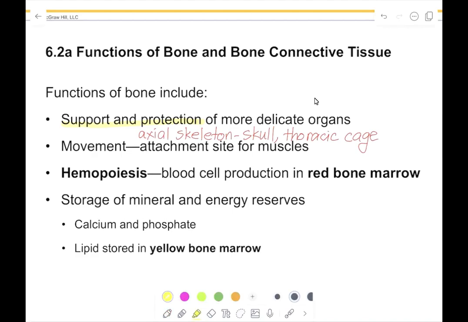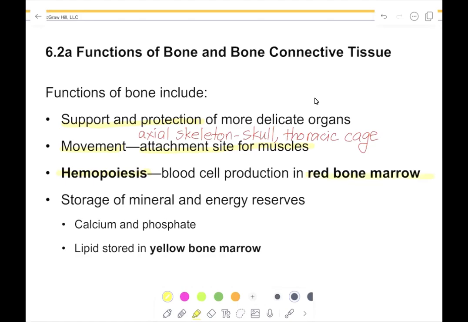Another function for bones would be movement because it serves as attachment sites for muscles. Now, later on in this chapter, you're going to be learning about some of those attachment sites. The tendons actually anchor the muscles to the bones at specific sites. Another function would be hemopoiesis, which is red blood cell production that happens in the red bone marrow.